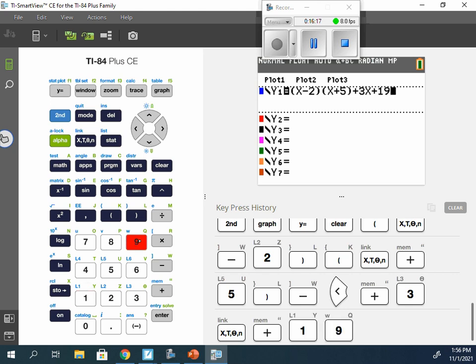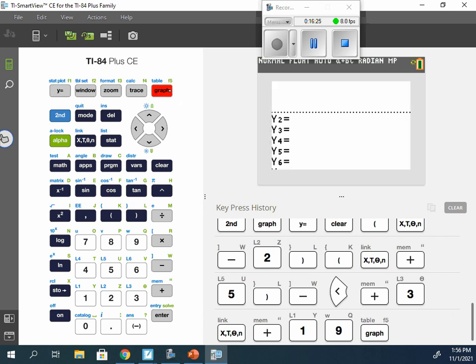I'm going to type it in just like this, not worrying about distributive property or any other simplifications. We're going to leave it as this here, and once we get it typed in, we can hit graph.